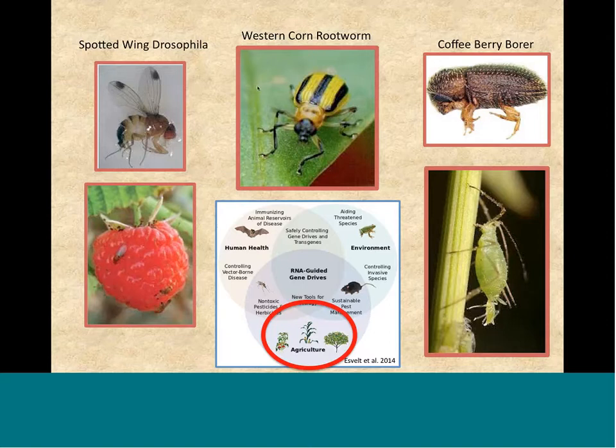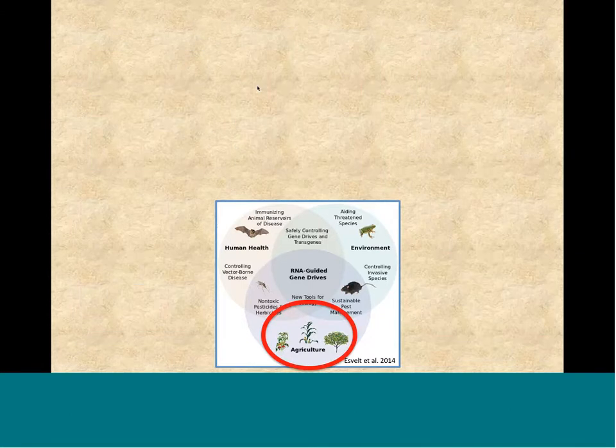So I'm just wanting to try to point out some of the ecological issues that determine whether a species is a good candidate for this kind of an approach. So to move on in terms of agriculture, so far we've been considering animal pests, but Kevin also brings up the possibility of using this for weeds and such.